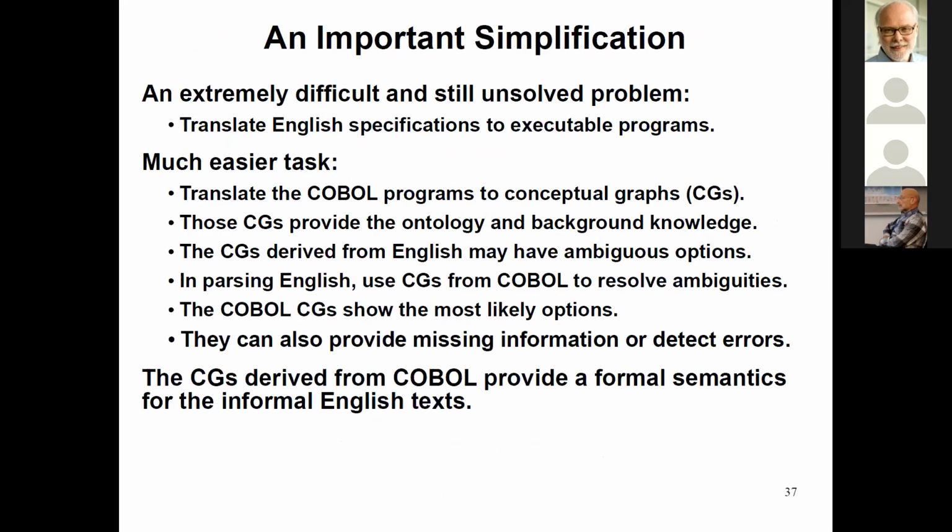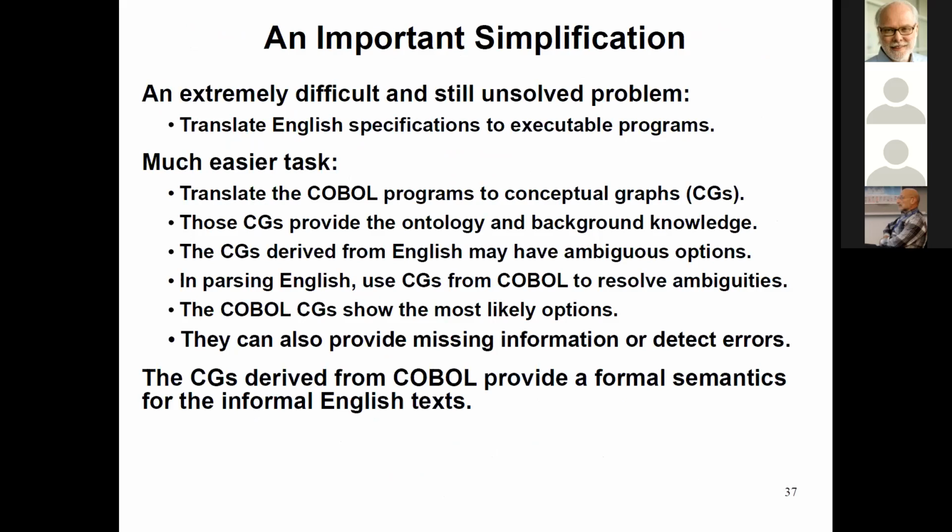Now, to solve that problem, the task of translating English specifications directly to executable programs is very difficult. And you need an ontology that is specialized for the application. So in order to do that, the first thing that they did is take the much easier task of translating COBOL programs to conceptual graphs. COBOL programs are formally defined.